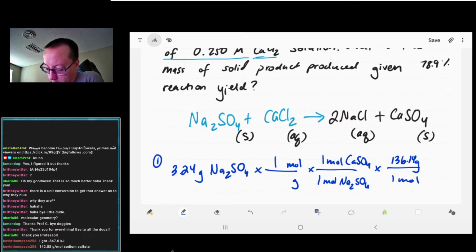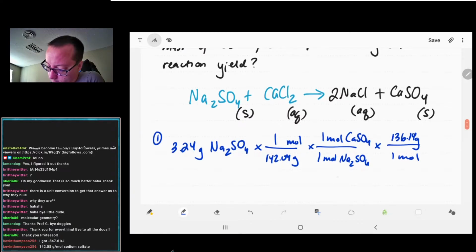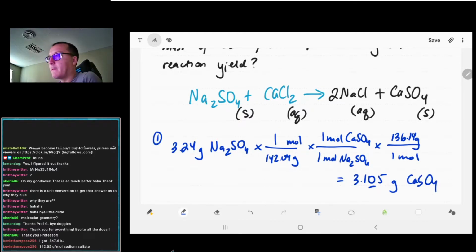That's 142.04. Let's do the math. So 3.24 divided by 142.04 times 136.14. We get 3.105 grams of calcium sulfate.